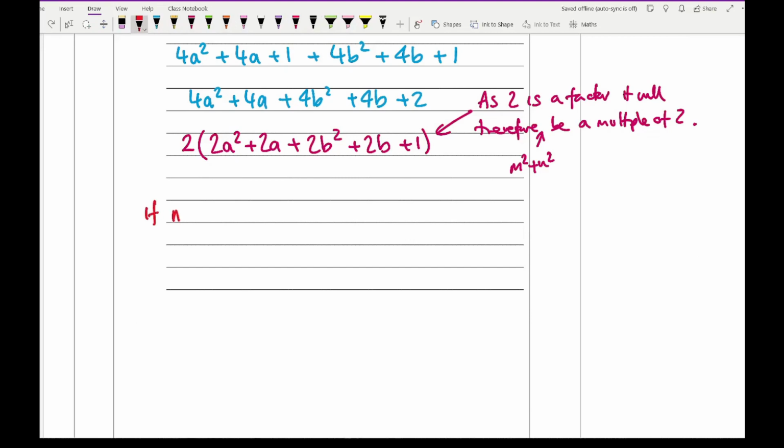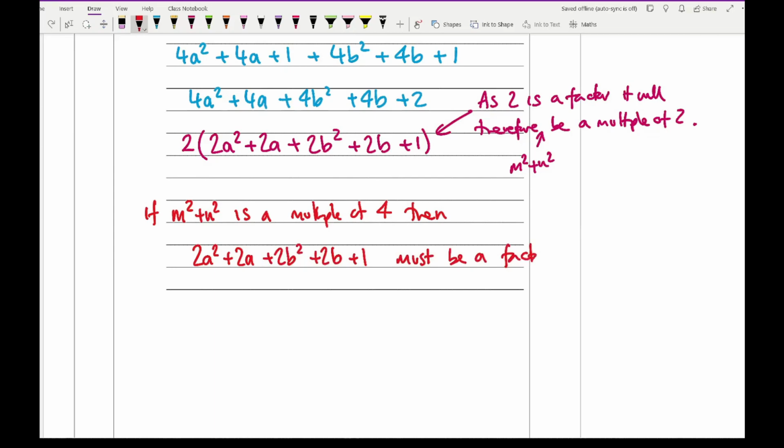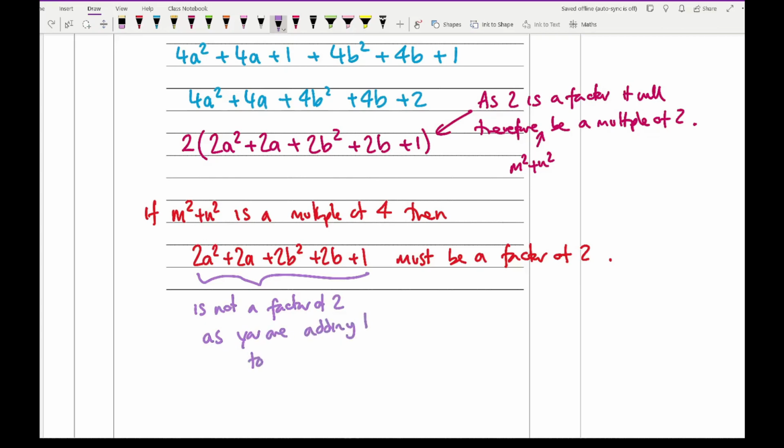So if m squared plus n squared is a multiple of 4, then 2a squared plus 2a plus 2b squared plus 2b plus 1 must be a multiple of 2, because 2 times 2 equals 4. Now the problem with this is that it is not a multiple of 2, as you are adding 1 to what will be a multiple of 2.